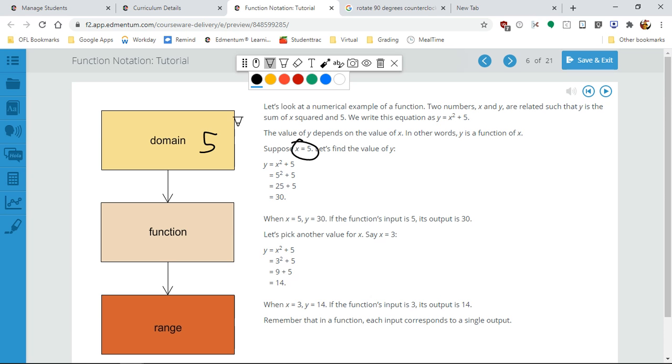Our function is x squared plus 5. So this machine's doing all kinds of stuff to it. First, it's going to square it. It's going to be 25 plus 5. And we're going to get an output of 30. So 5 squared is 25 plus 5 is 30. So that's all we're doing here. This is how we look at a function.